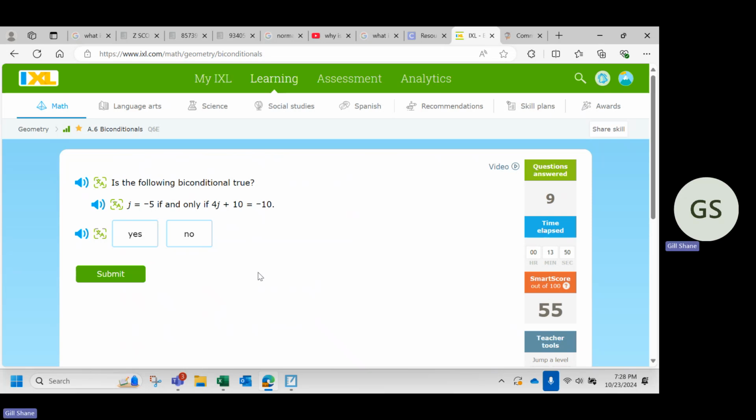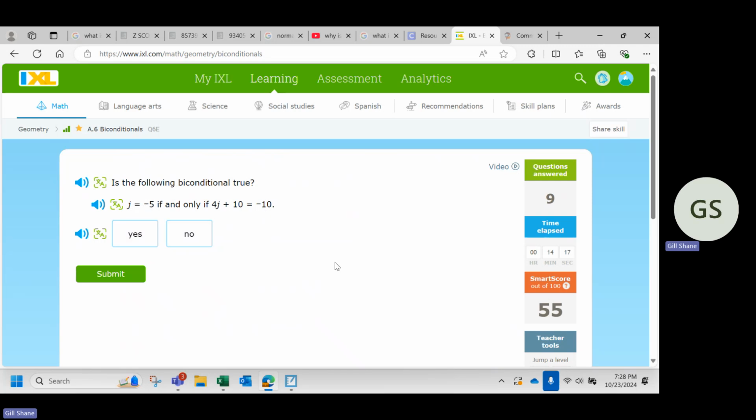All right. So again, it's a little tricky, but what it's saying is you could make it 2 statements. If j equals negative 5, then 4j plus 10 equals negative 10. And you could reverse that and say, if 4j plus 10 equals negative 10, then j equals negative 5.